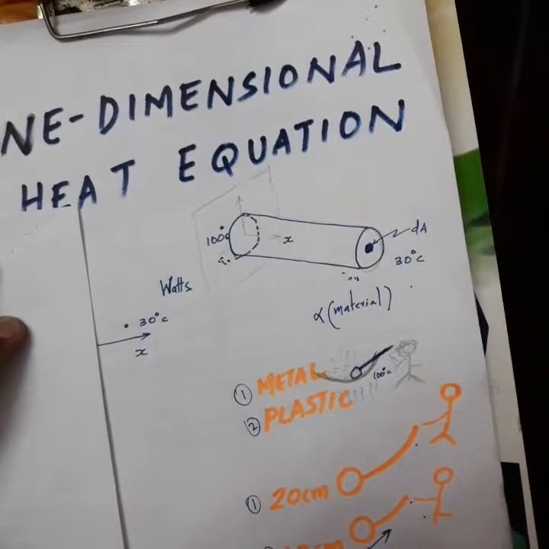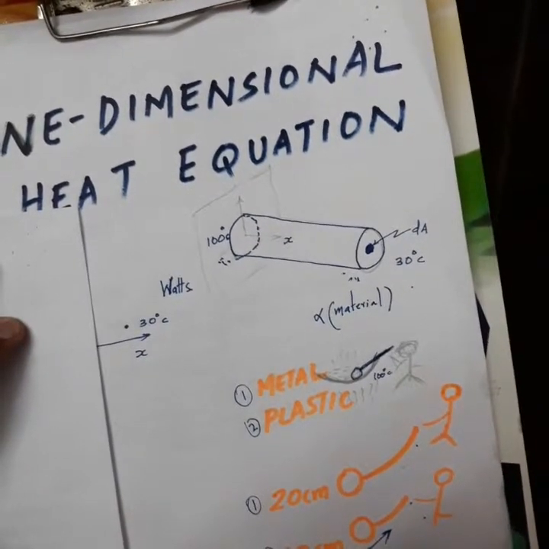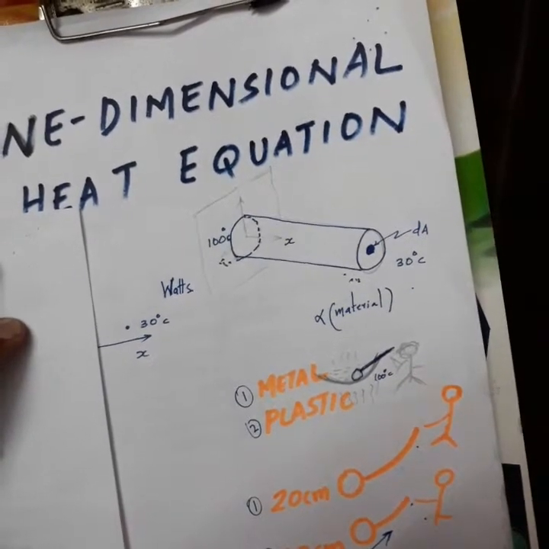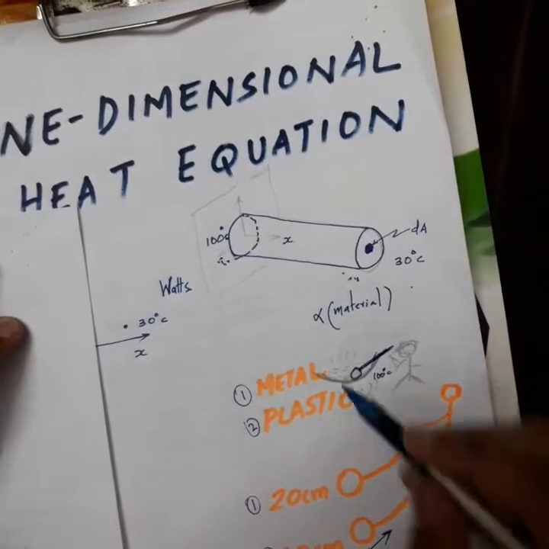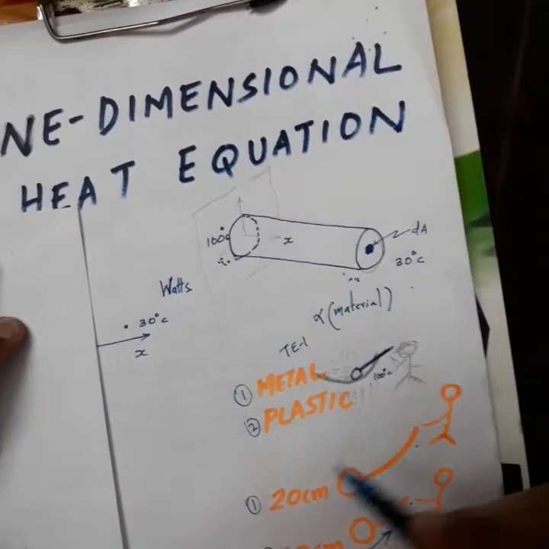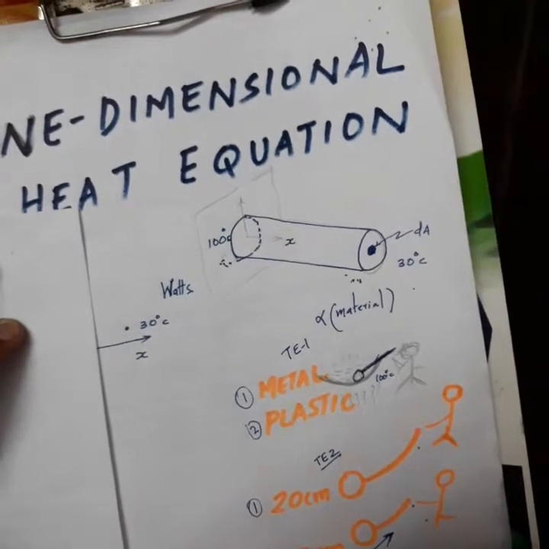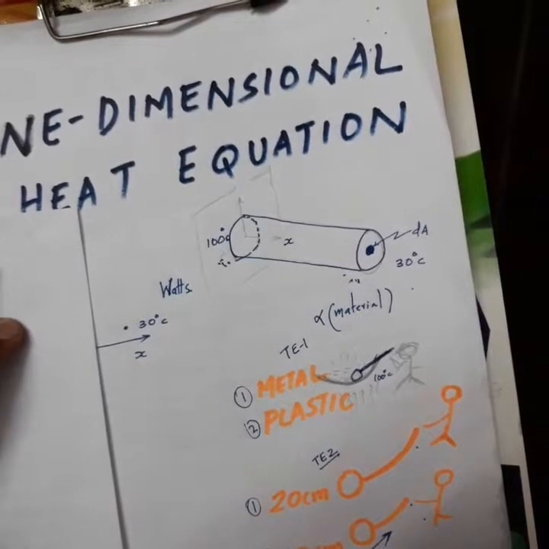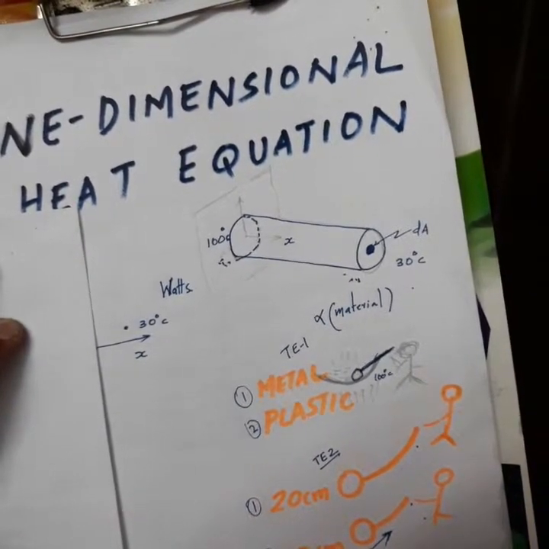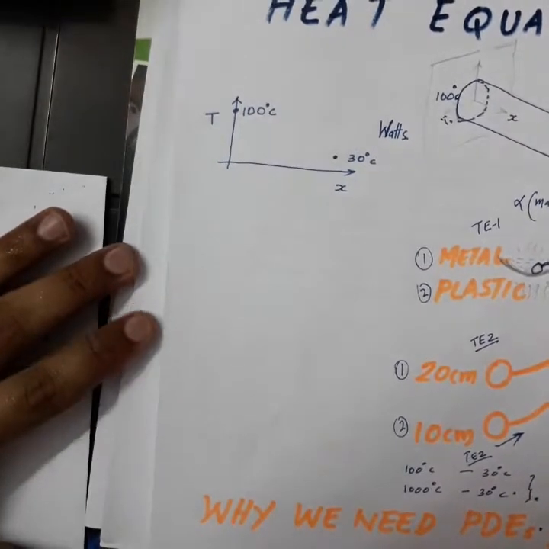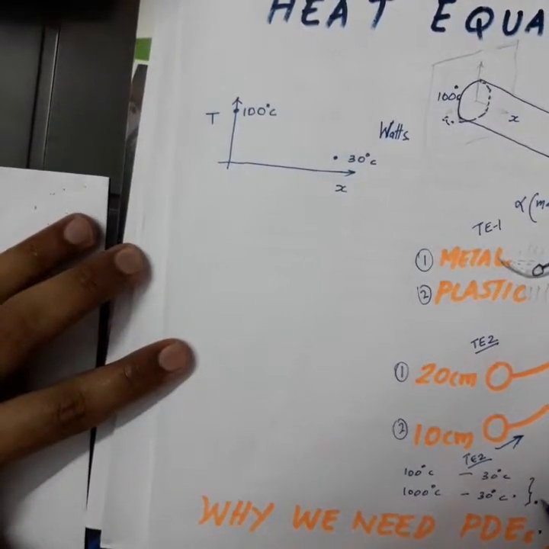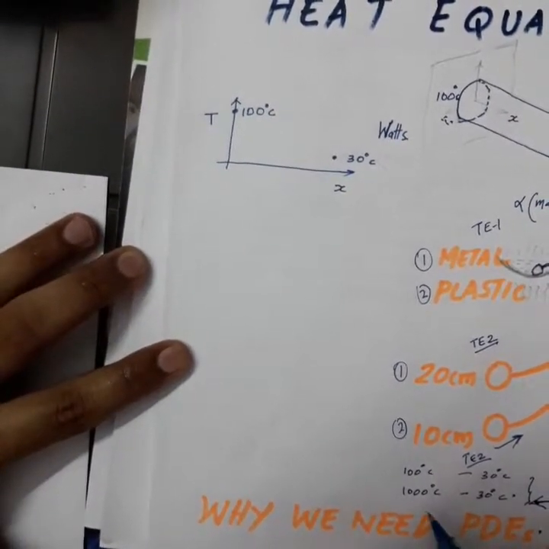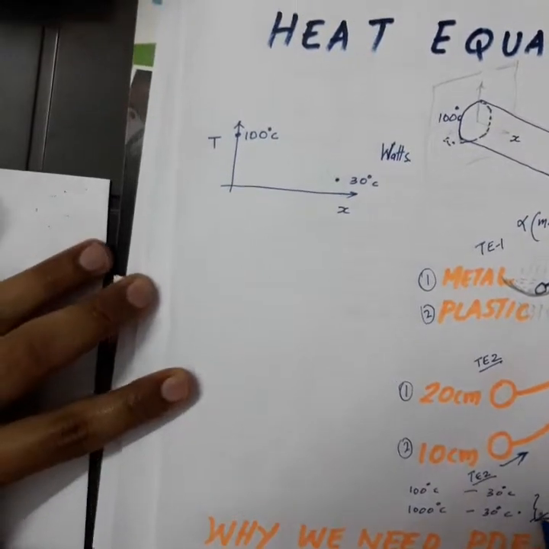So the first case is 100 degrees Celsius to 30 degrees Celsius, and the second case is 1000 degrees Celsius to 30 degrees Celsius. Obviously in case 2, the energy transferred at this point will be more, because of the very large increase in temperature.